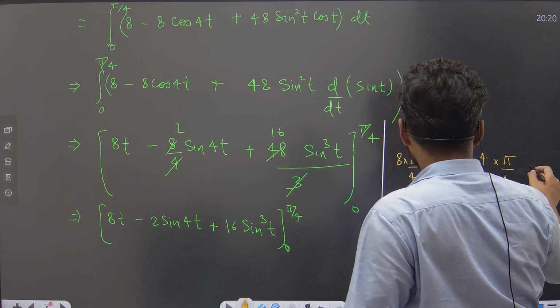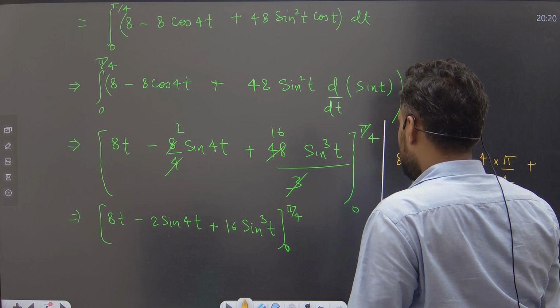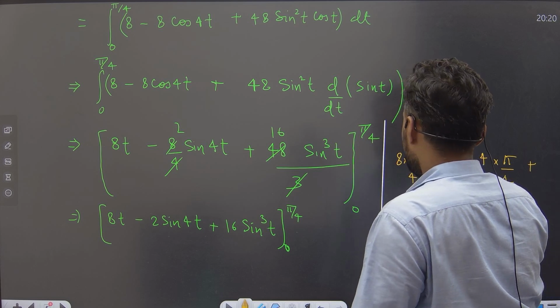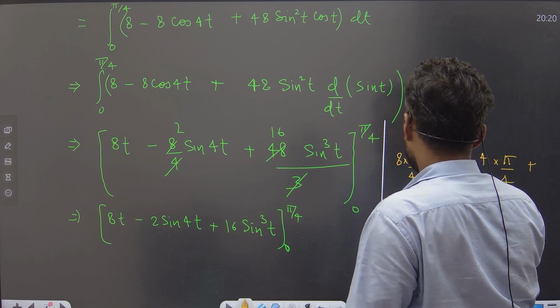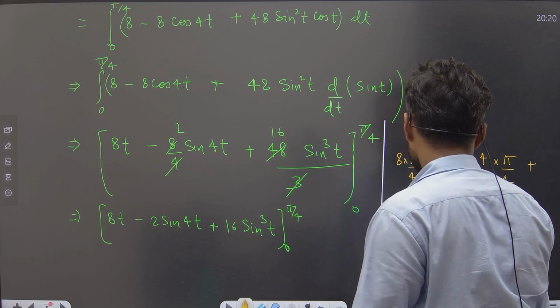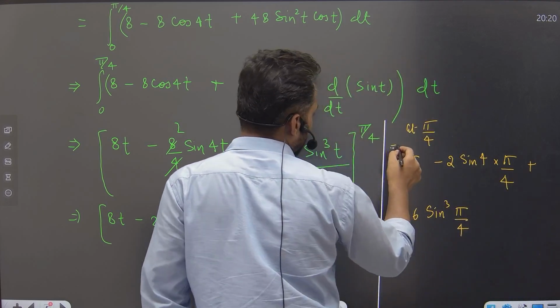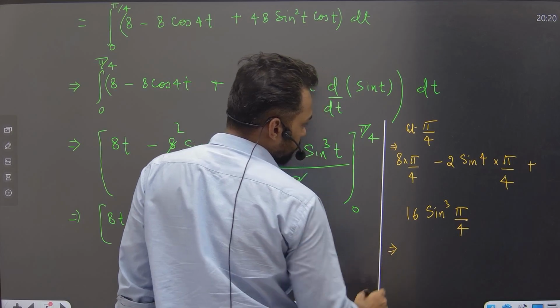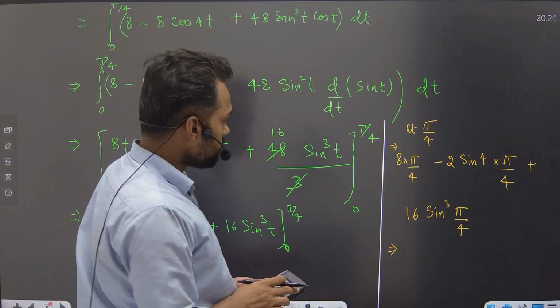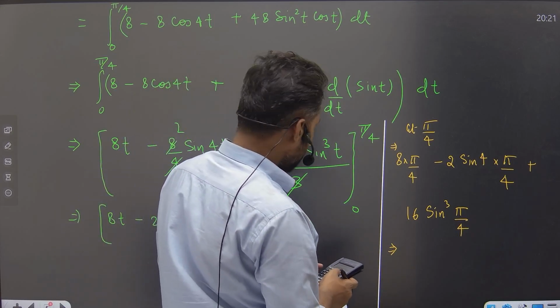Plus of 16 times of sine cube of pi by 4. Okay, this is the particular value, so we'll need to calculate it.